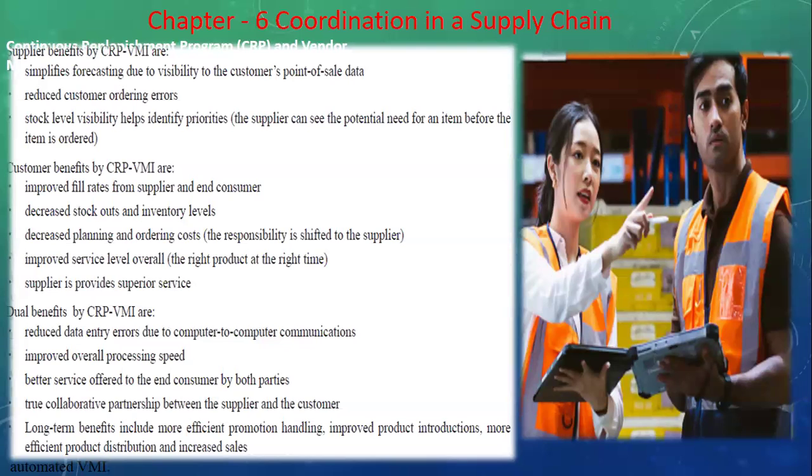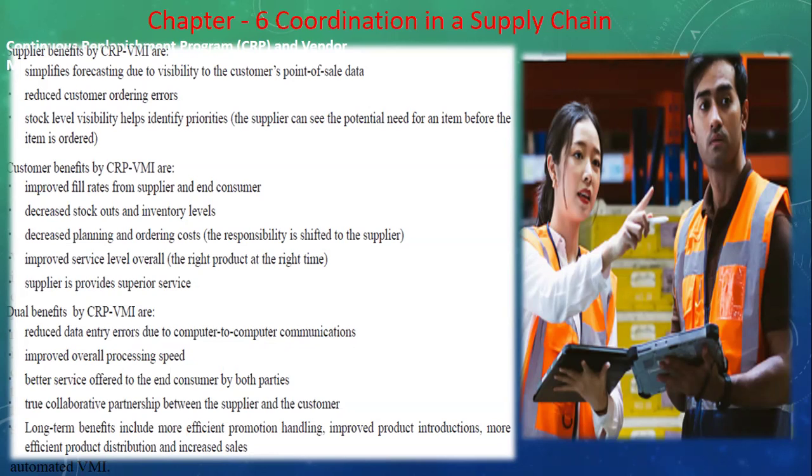So it simplifies the forecasting and reduces customer ordering error. It also automatically transfers information to the supply chain and the dealers, and they will arrange these materials. So the actual selling product information can be seen.